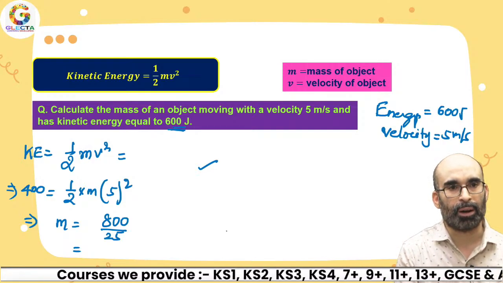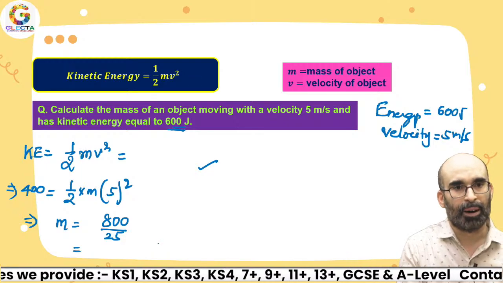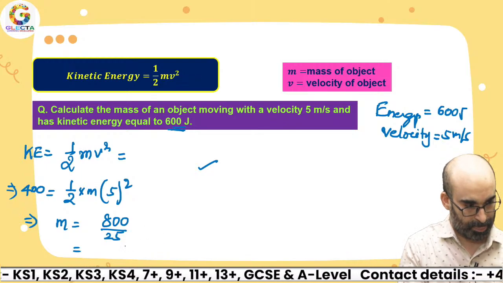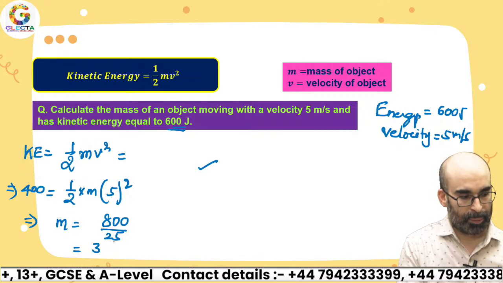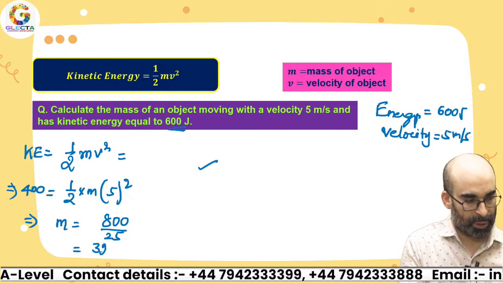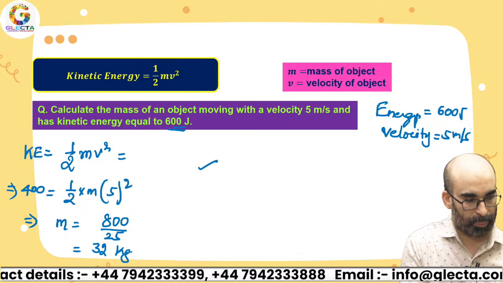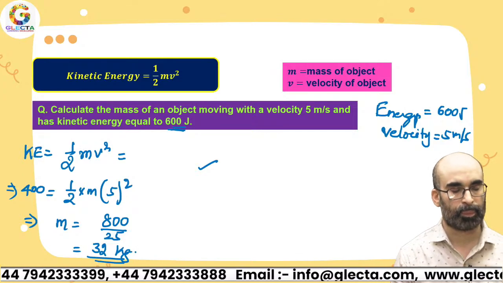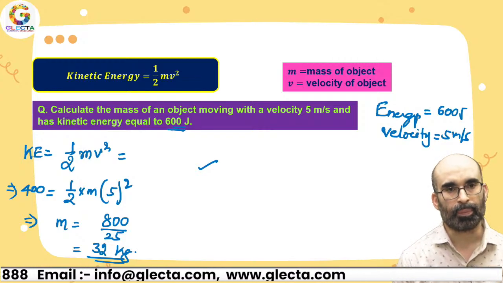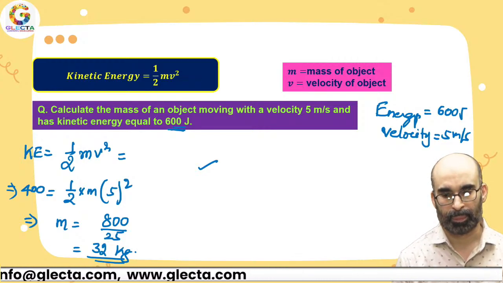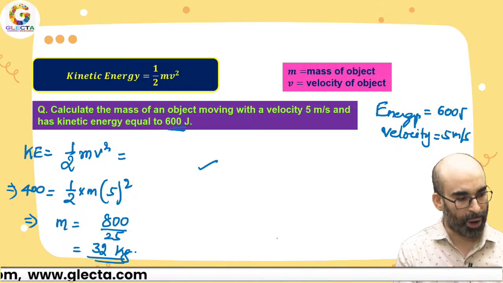Emmanuel Ali is saying 48. Really? It is 32 kg. It is 32 kg, right? Advait, why is it 48?